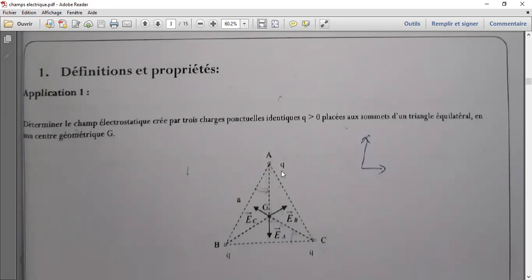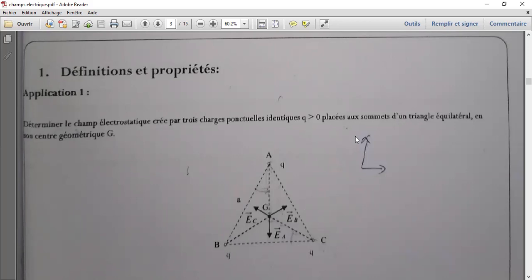So you have Q, Q, Q, which are identical and greater than 0, meaning each Q is positive. So there's the one on A, which is positive, positive, and positive.